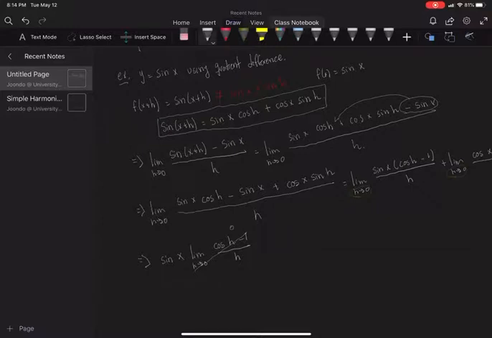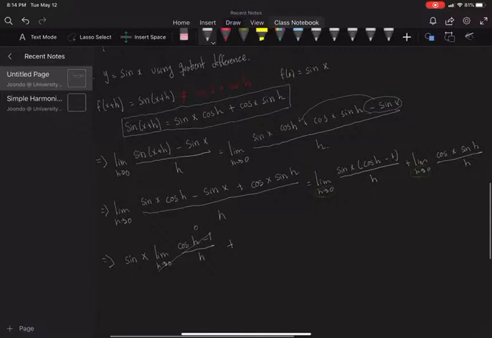Plus the limit of cosine x, because h tends to 0, the limit as h tends to 0 of sine h over h is, and I'll soon prove this, a special limit.